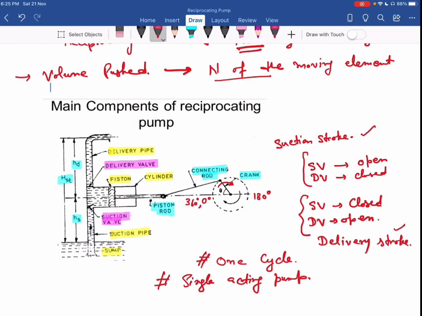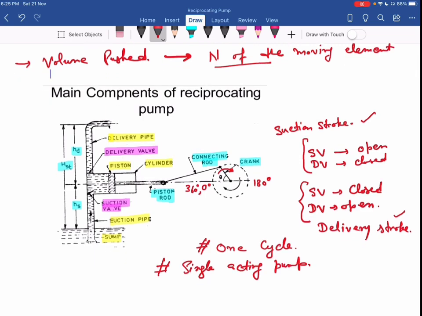So when I talk about the working of this reciprocating pump, you can see my crank rotates from 0 to 180 degree. There is suction stroke. So water from sump comes into the cylinder, and that time suction valve is open, delivery valve is closed. And when crank rotates from 180 degree to another 180 degrees, that is to 360 degrees, that is my delivery stroke.